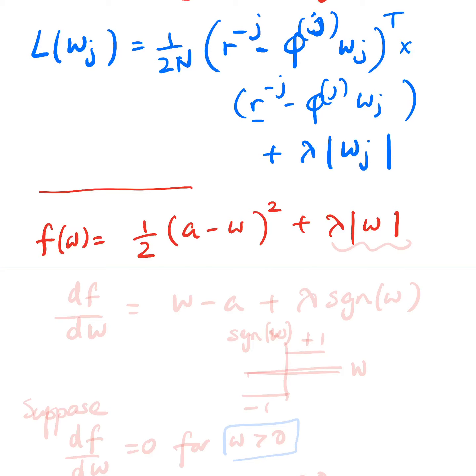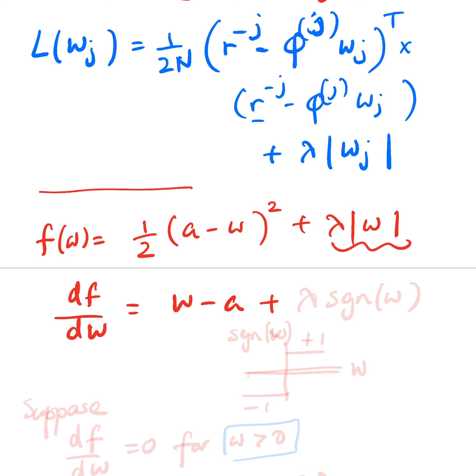Let me take the derivative df by dw. It's of course a minus w squared is the same as w minus a squared. So it's w minus a, the derivative with respect to w, plus what is this guy? Well, if w is positive, this guy is lambda times w. If w is negative, the magnitude is lambda times minus w.